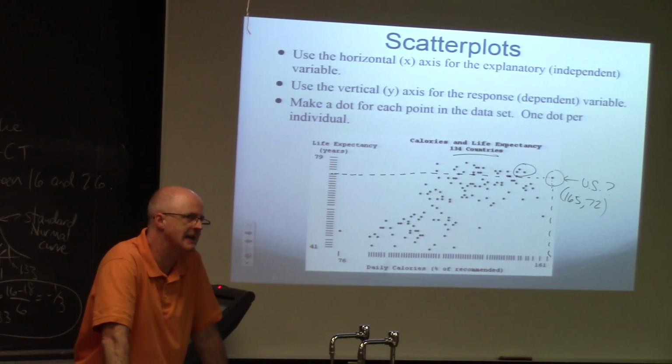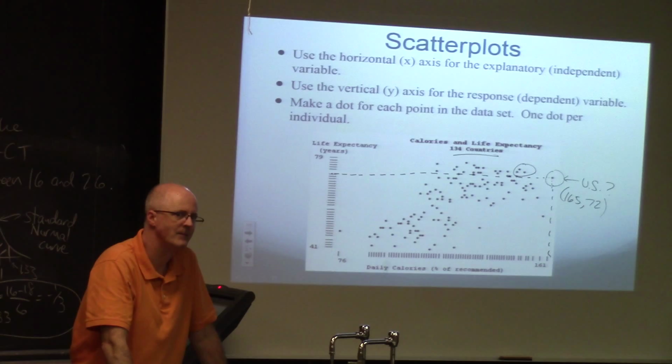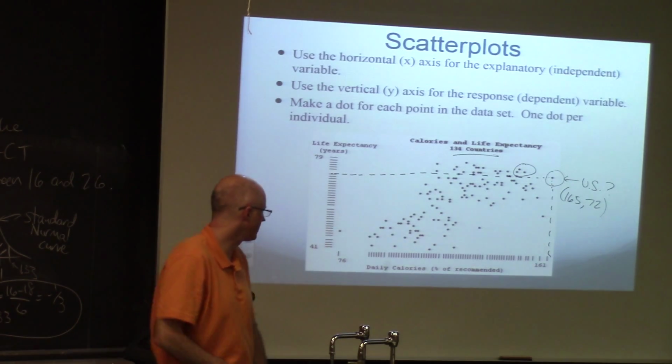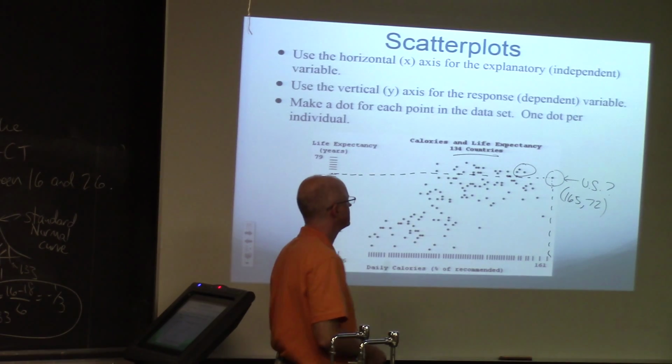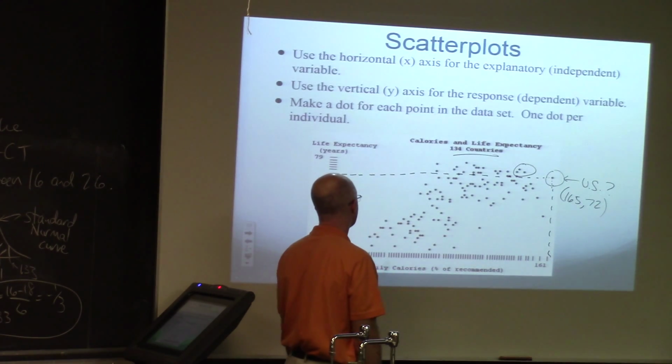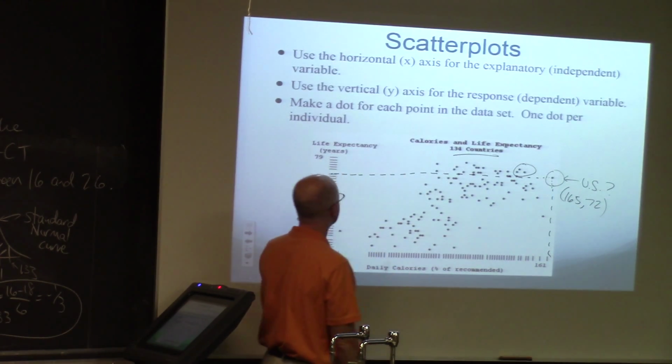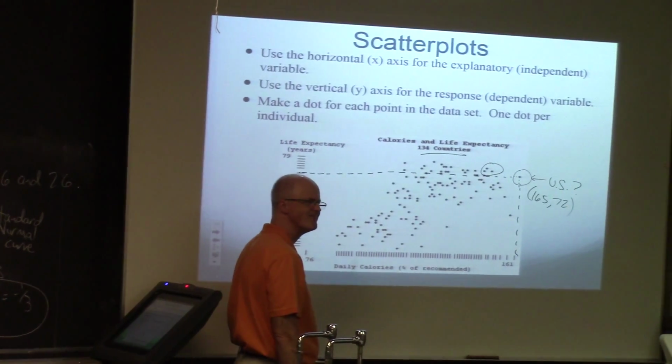What does it mean? Any ideas? It's a big cloud of data, kind of scattered. Is there a pattern to it, and is that pattern telling you anything? The more, in general, the more calories consumed, the longer the life expectancy. Yeah, in general, for these countries, the higher the average calories that you take in, the bigger the life expectancy is.